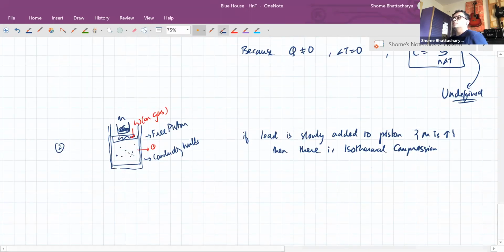Whereas if we gradually remove mass from the same situation, we very slowly remove the mass. Now we make it M minus delta M. So the gas does positive work because the piston is pushed up and heat comes into the gas.